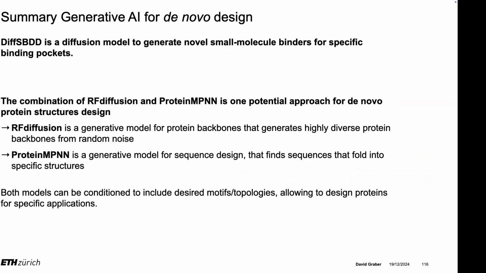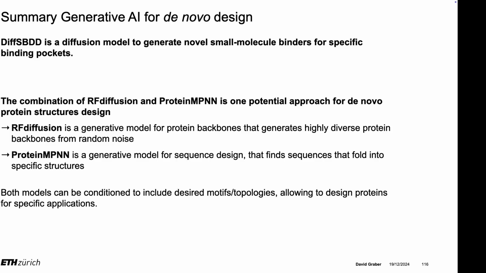So DiffSBDD that we've seen is a diffusion model that generates new small molecule binders for specific protein binding pockets. And the combination of RFdiffusion and the ProteinMPNN that we have just seen is one potential approach for de novo design of proteins.